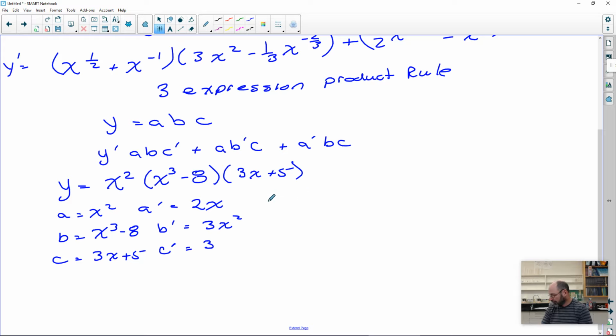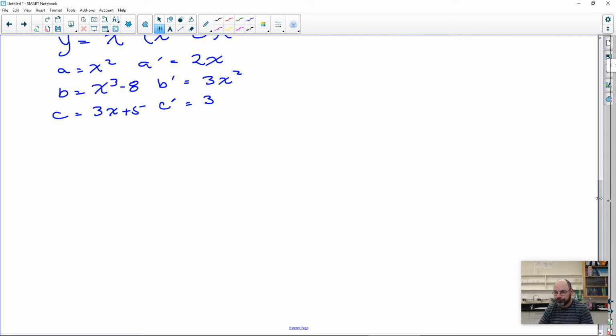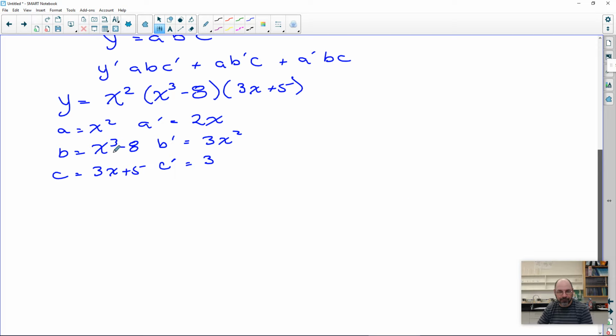Okay, so then if we do the actual derivative here, a is x squared, b is x cubed minus 8, and c prime is 3, plus a is x squared, b prime is 3x squared, and c is 3x plus 5.